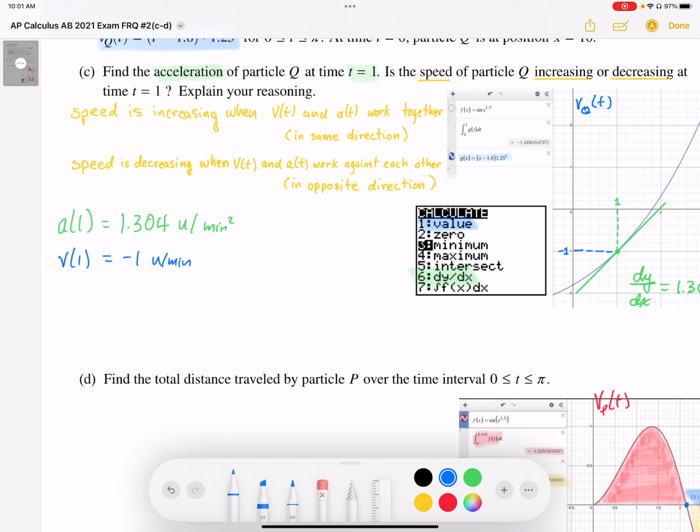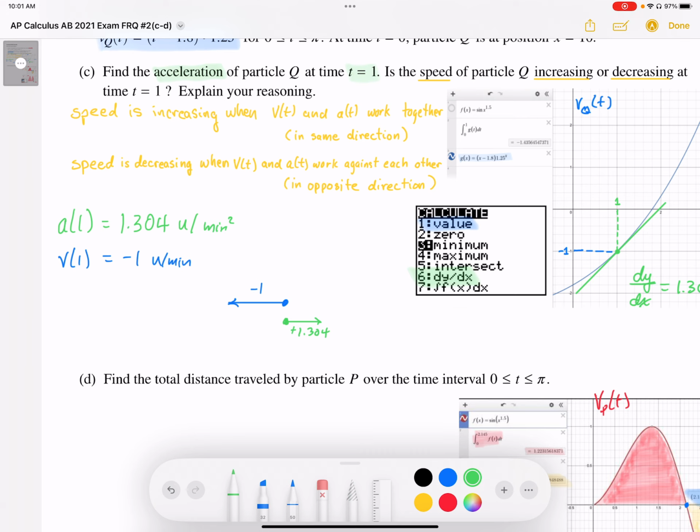And since they are working against each other, the speed is decreasing because we have a velocity that is going in this direction. So that's going to be -1, yet we have an acceleration working against it, working in this direction. In terms, it's going to be positive 1.304.